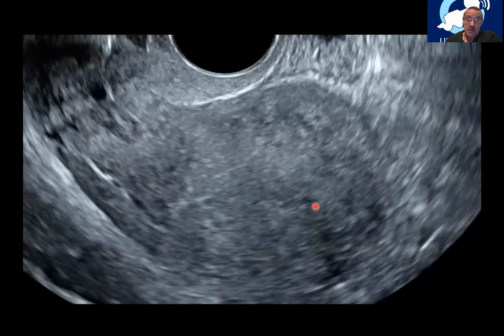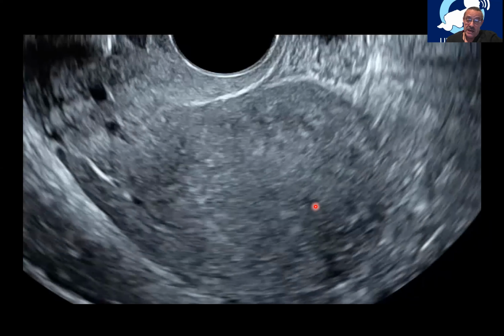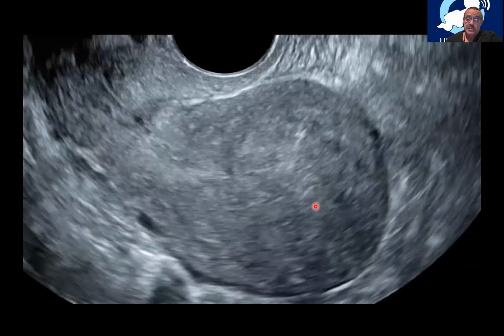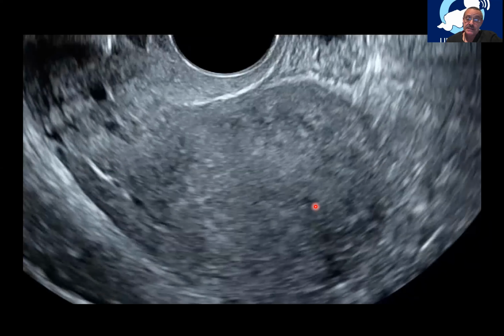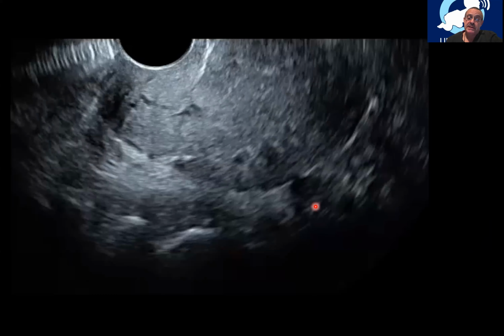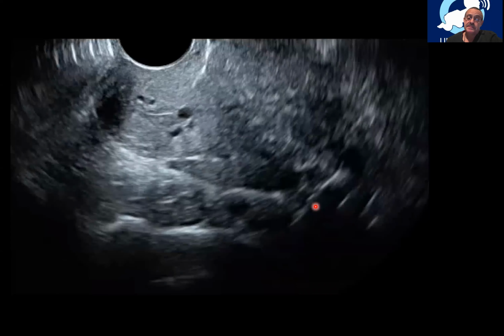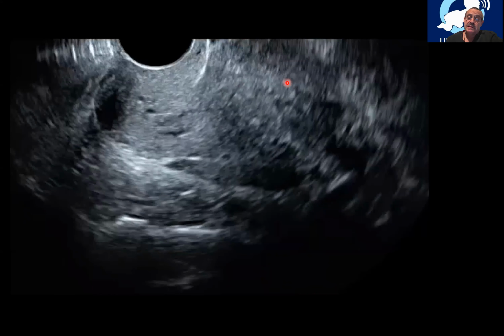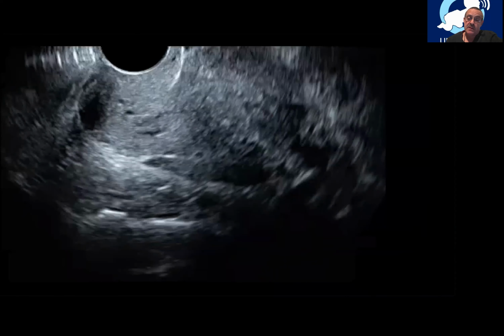Fibroids usually don't hurt. Fibroids don't hurt. If it does hurt, she must have something else, and it could be adenomyosis. Spots like snowflakes.